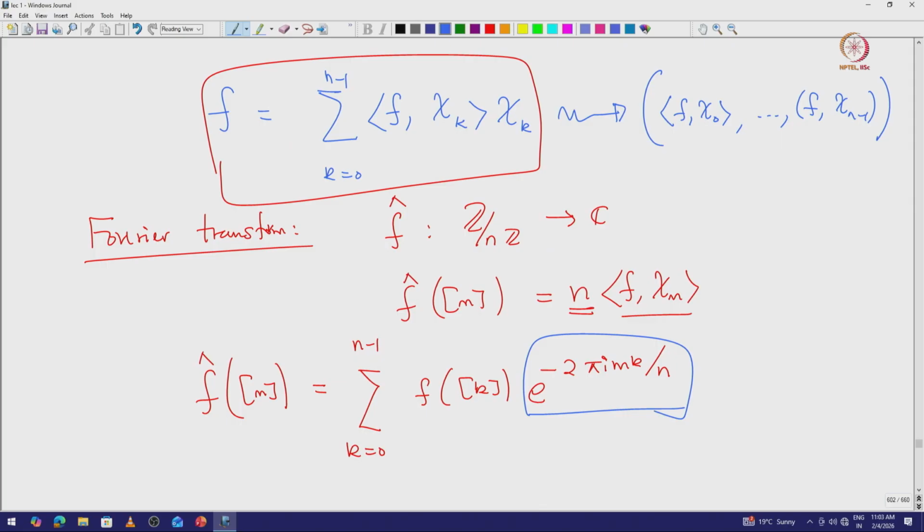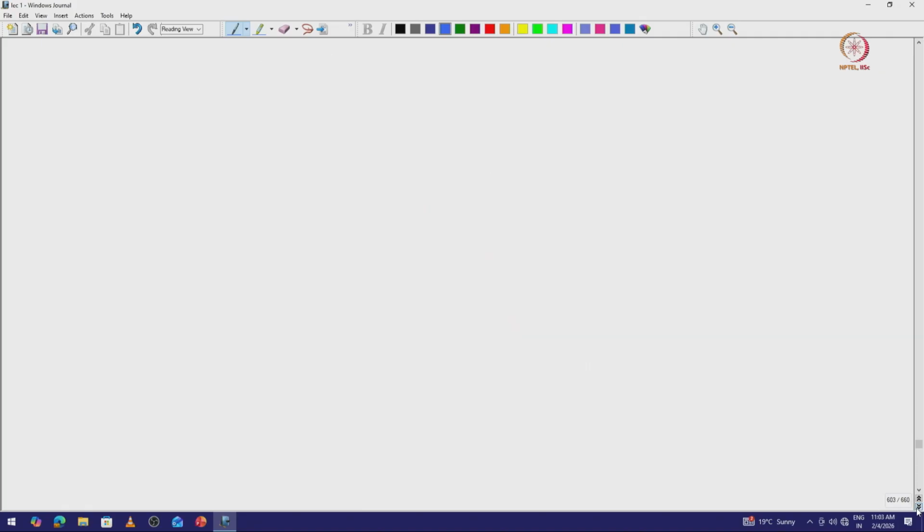Okay. So, now it is very clear that the function we defined, the Fourier transform, which is defined from function space to function space, is indeed an isomorphism of these spaces.